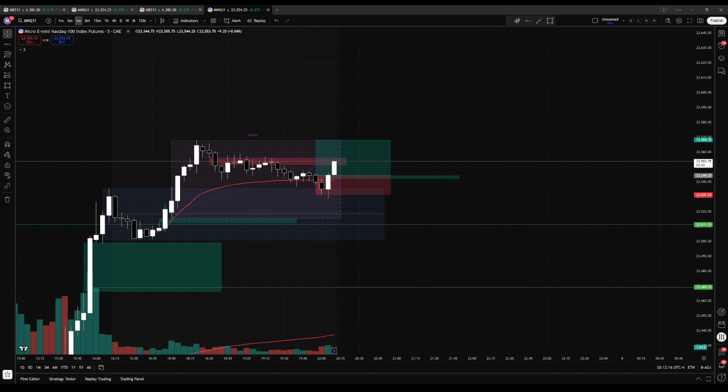Yeah, I think we keep moving up. But, you know, we could range here for quite some time. So it is what it is. But we had a plan. We are executing it. We're not looking to come back into yesterday's range, and we're looking to fully mitigate the zone.